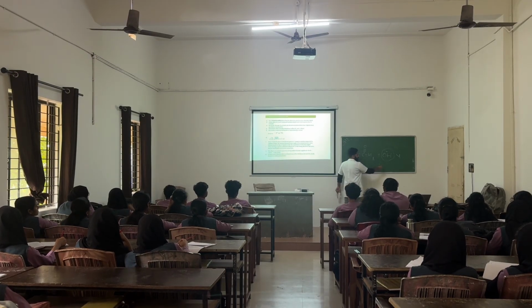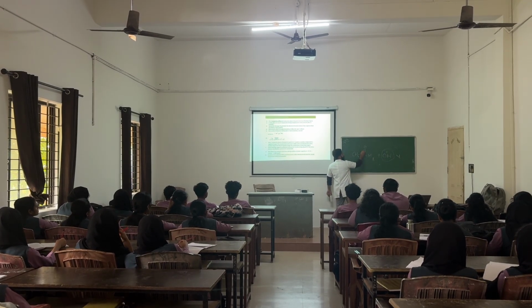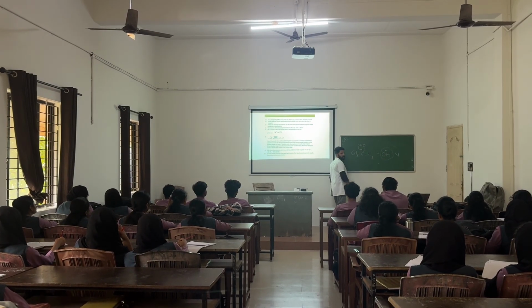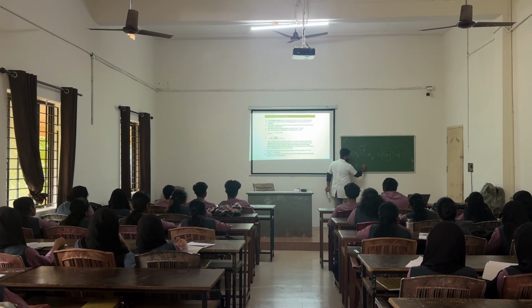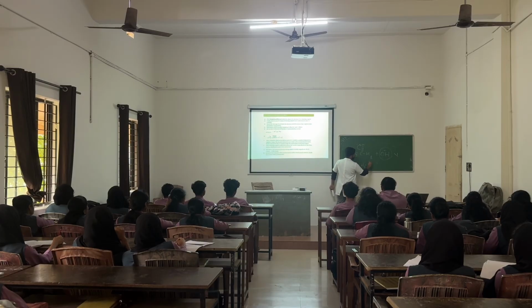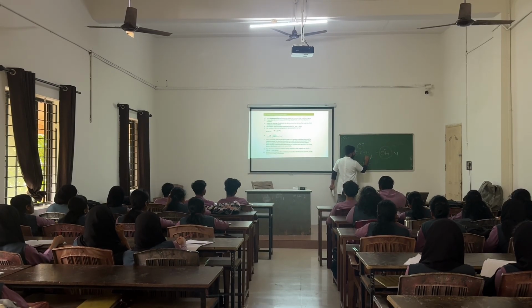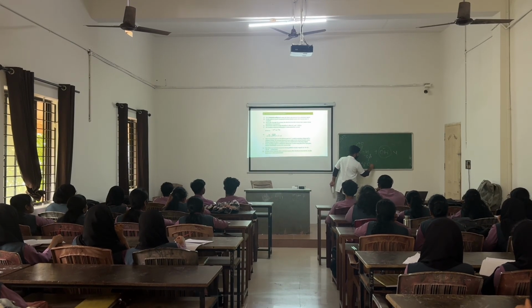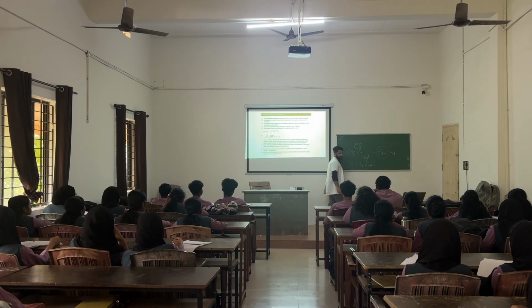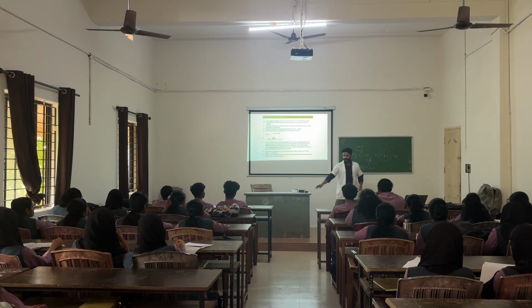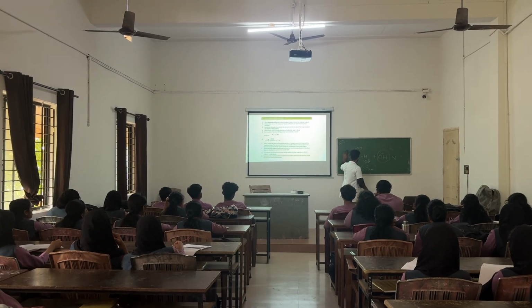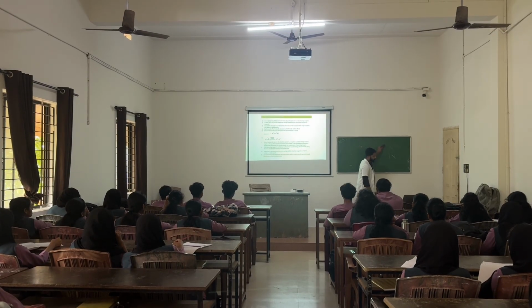Only in the presence of this OH minus will the shifting of electrons towards the oxygen atom take place. So we will get CH3 with a partial negative and a partial positive carbon. So the first point is that it is a temporary effect and it will only occur in the presence of an attacking reagent.